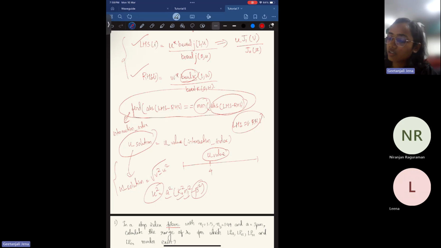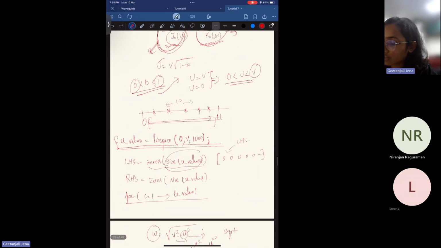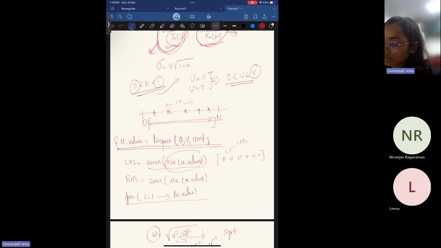One thing you need to see here is to set the limit between 0 and V. Otherwise you will get imaginary values. You will get the plot, but you will see an error in that. So this is one way of approaching the transcendental equation. There are many ways, so you can use your own method to find the solution.